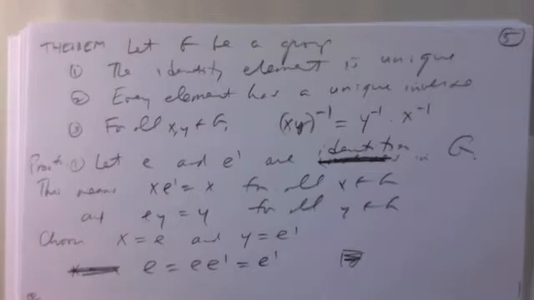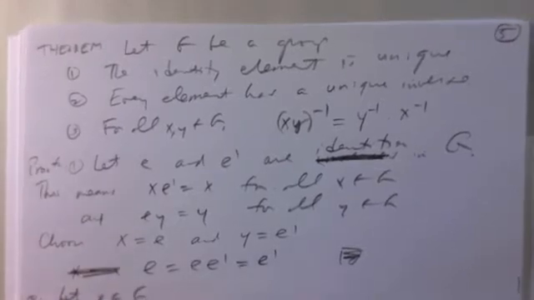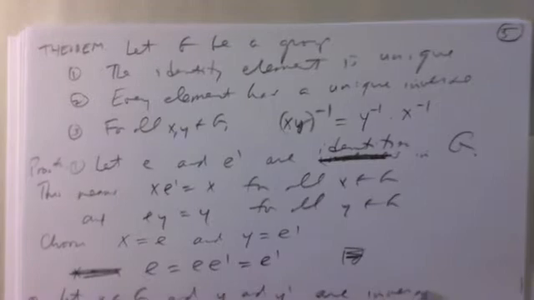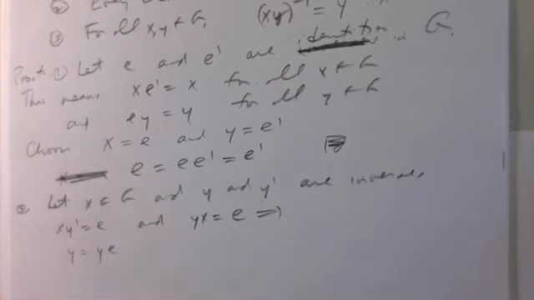What about two? Suppose x is an element in the group and y and y prime are inverses. So this means that xy prime is the identity and yx is the identity, because y prime is an inverse of x and y is an inverse of x. So then I can write the following very pretty expression. y is y times the identity.